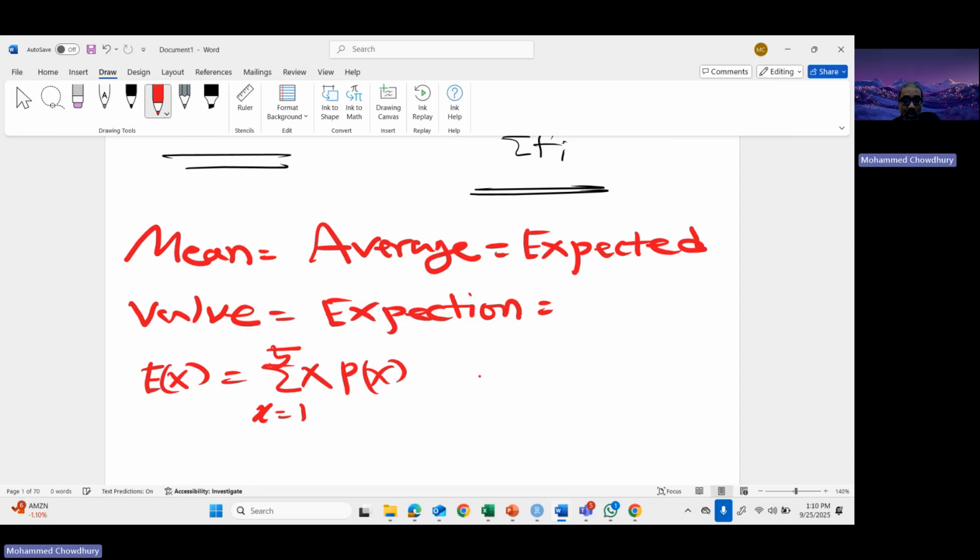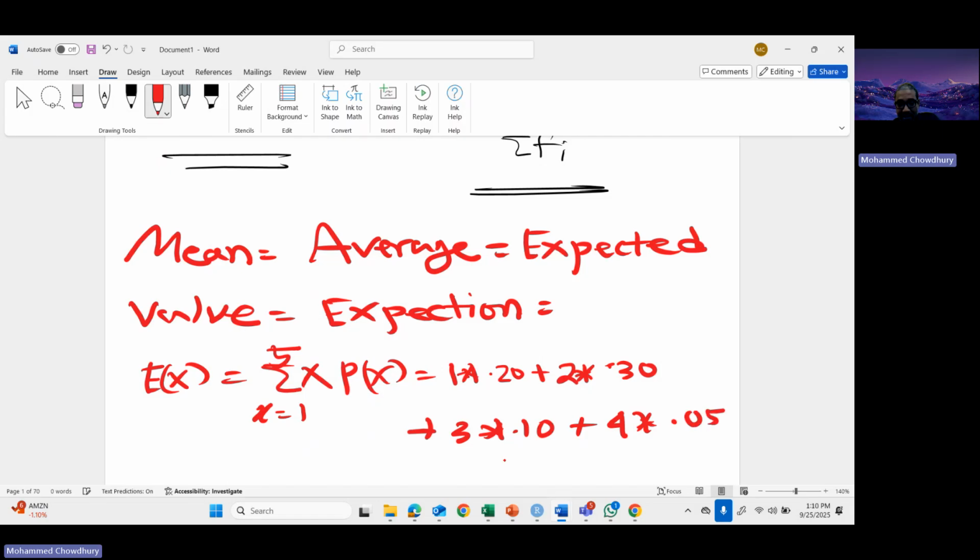So the first value is 1 times 0.20, the second is 2 times 0.30, the third is 3 times 0.10, the fourth is 4 times 0.05, and the fifth is 5 times 0.35. This is the definition of mathematical expectation.